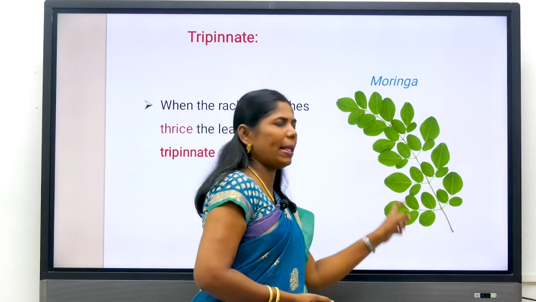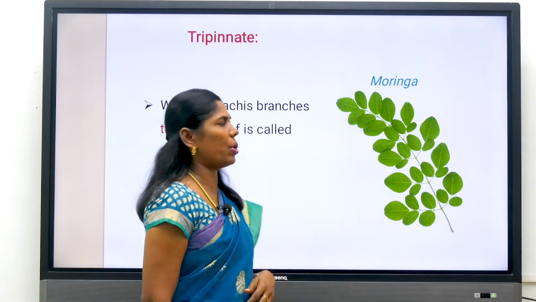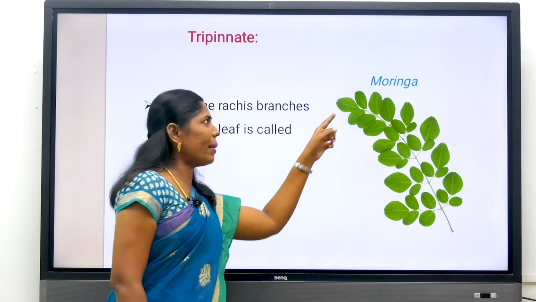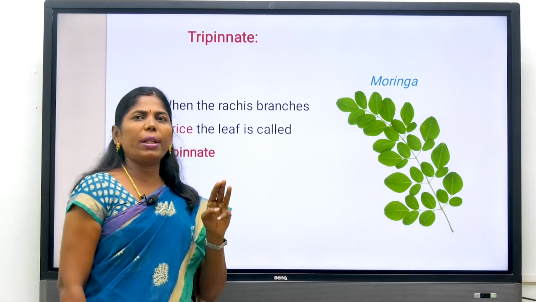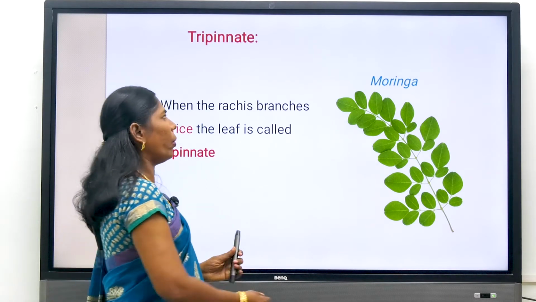Here three leaflets are arranged together, so that is the tripinnate condition. Even at the terminal region three leaves are present, that is a tripinnate arrangement. This is moringa.